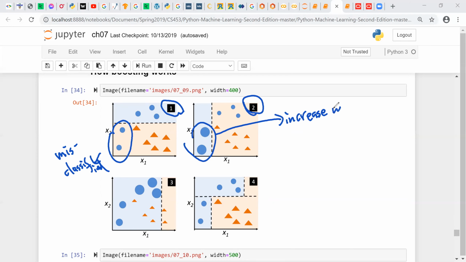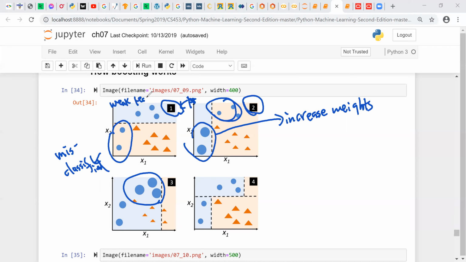And of course, you still have some wrongly predicted, like these three, so in the next round of training you increase their weight. This first round is what we call a weak learner.